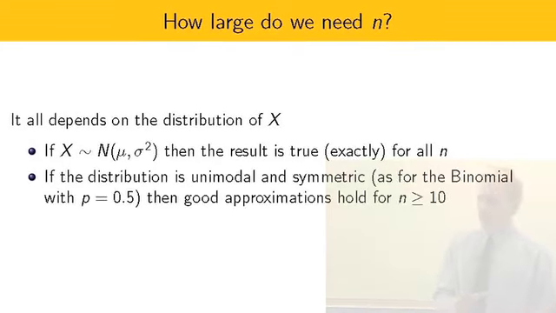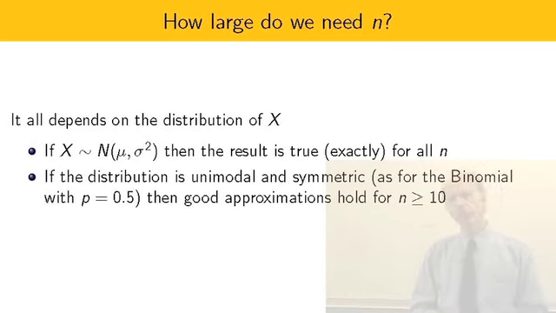The second case is to say if x is symmetric and unimodal, that is to say you have increasing probabilities in the middle, decreasing on either side, and some sort of symmetry to it, as it was for the binomial, then you can get pretty good approximations for n as small as 10. Not too bad. Obviously, it can be better.